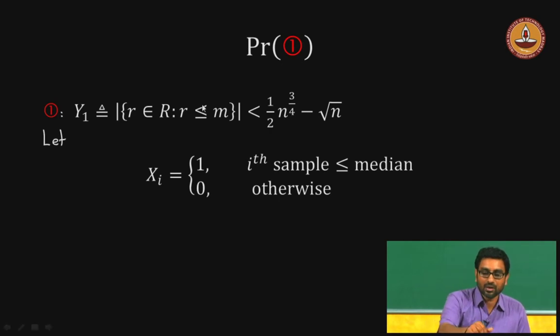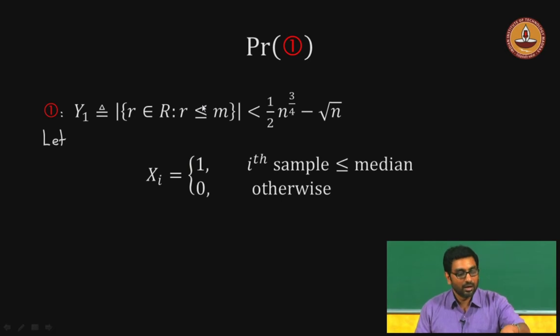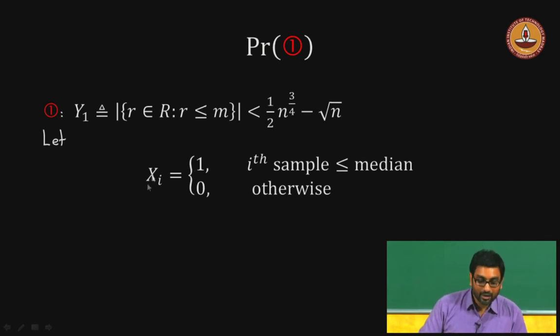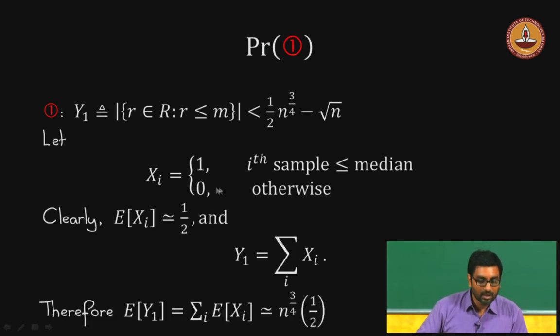Remember, you have this less than or equal to here, that is what defines your set whose cardinality is y1. So, you break y1 into individual xi's, xi equal to 1 if the ith sample is at most the median value, 0 otherwise. Now the nice thing is xi is very easy to work with, because the expectation of xi is nothing but a half, I mean close to a half.